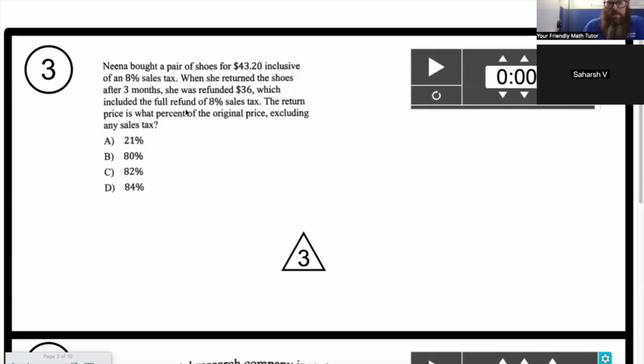So what we have to do is figure out what the sales tax was. So she bought a pair of shoes, which included this. So basically, whatever the original price was, if we multiply by 1.08, that's again how we do an 8% sales tax. So that should equal 43.20.